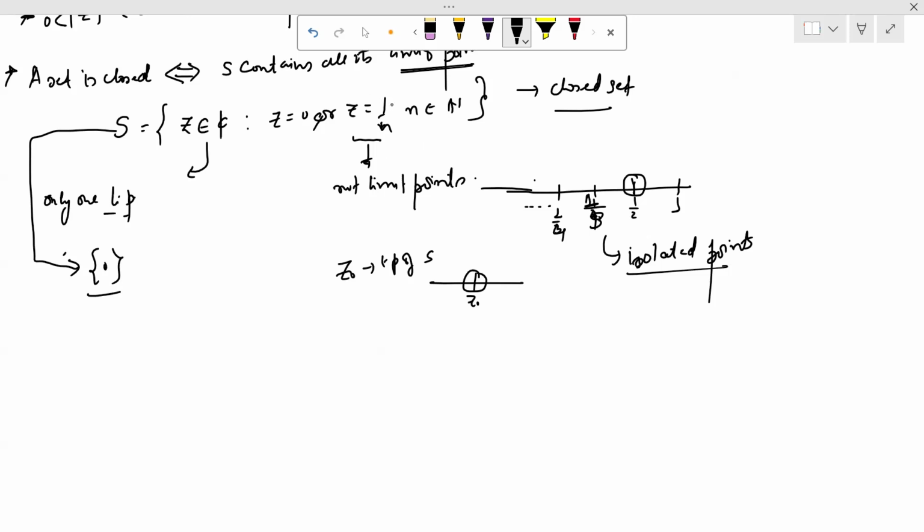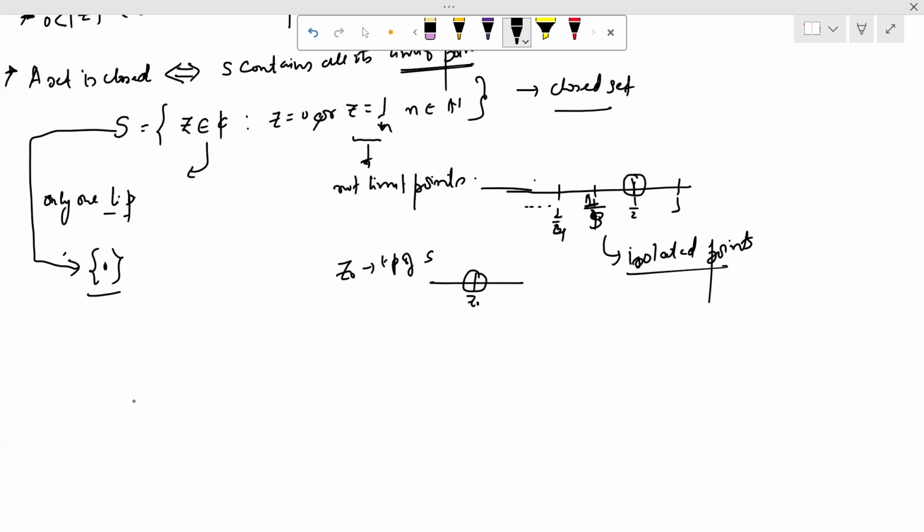And all these points Z equal to 1 by n are not limit points, because in order to qualify as a limit point of a set S, every neighborhood of that particular element must contain points other than that point. So if I say Z naught is a limit point, then every neighborhood of Z naught must contain points other than Z naught.